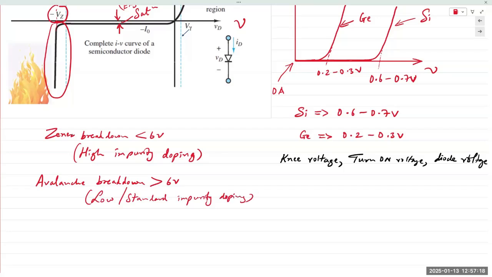But over the years, these two terms have kind of melted into each other. So anytime reverse breakdown occurs, it is just generically referred to as Zener breakdown. Whether it actually is Zener or not is irrelevant. So sometimes we have to be careful in what we are defining.